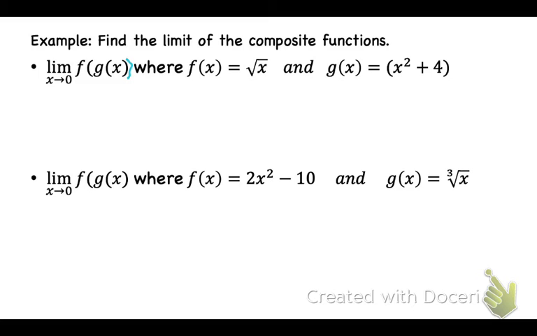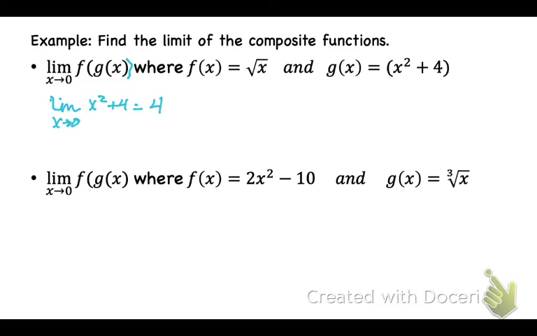So I need to find the limit of g of x first, don't I? The limit of x squared plus 4 as x approaches 0. Well, how have I been doing these all day? Plugging in the constant, which is 0. So it equals 0 plus 4, which is 4.